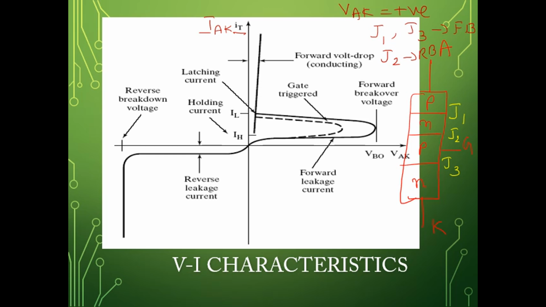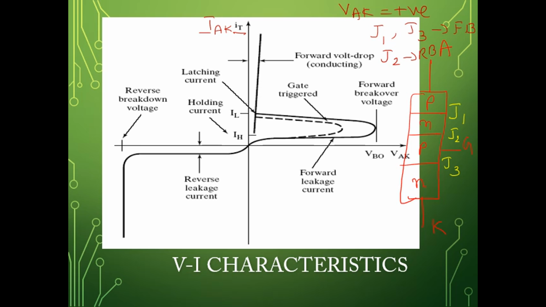So in such a case, a very small leakage current will flow from anode to cathode.